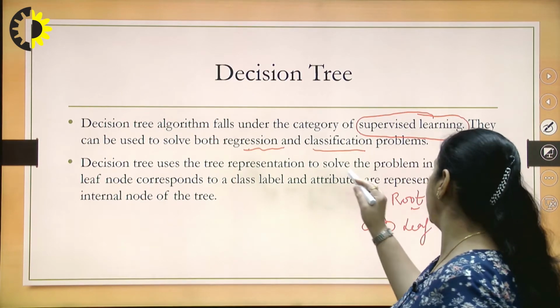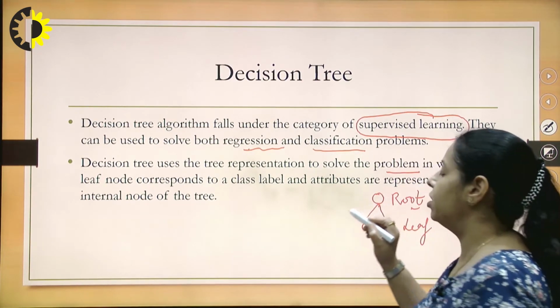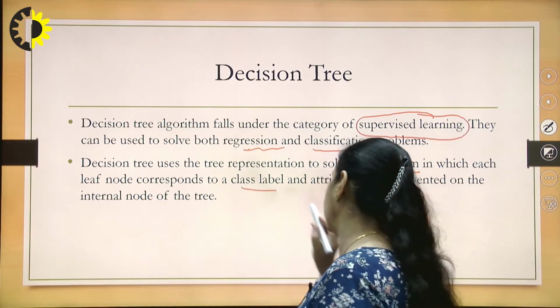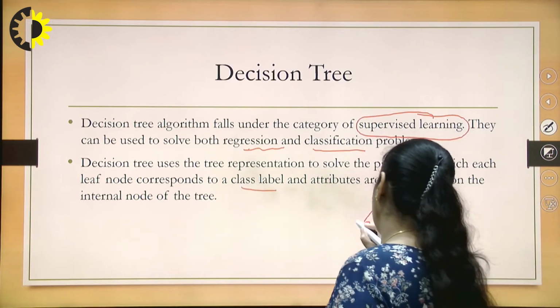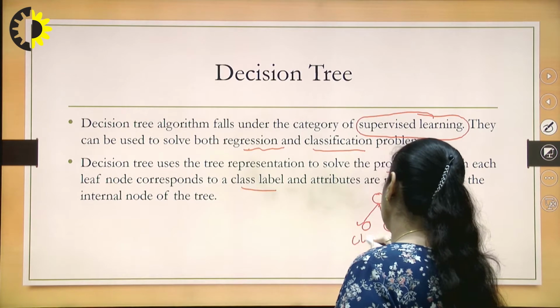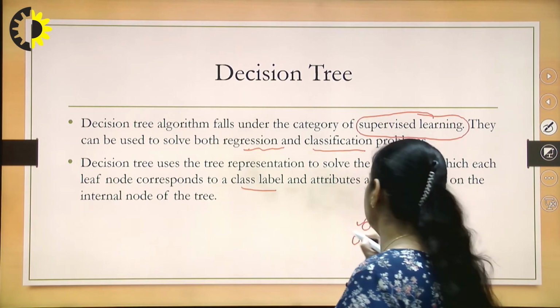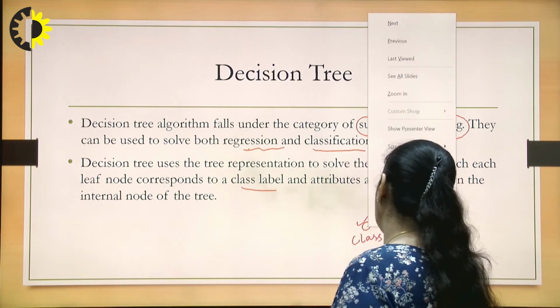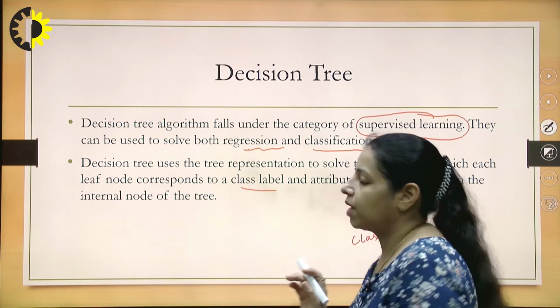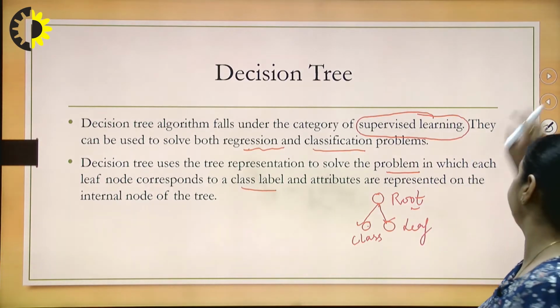Wherever we have these leaf nodes, they represent certain class labels, and the attributes are represented on the internal nodes. Whatever value is there is inserted inside the internal nodes of the tree.